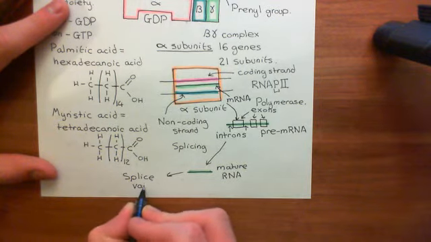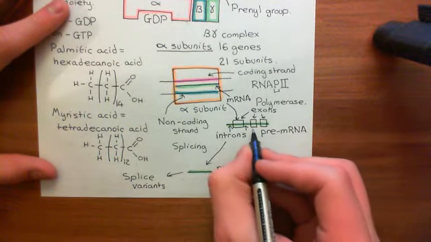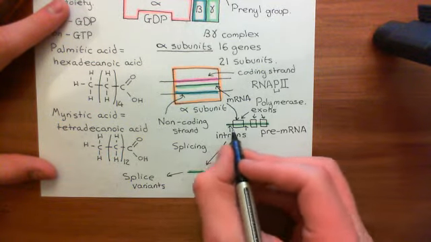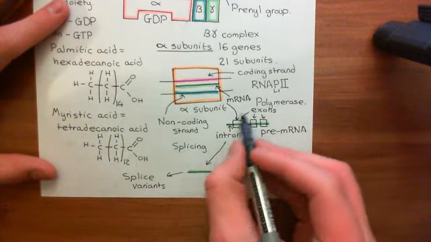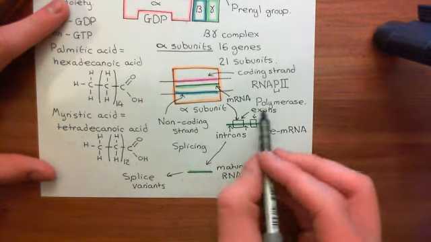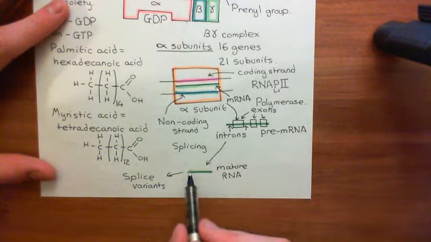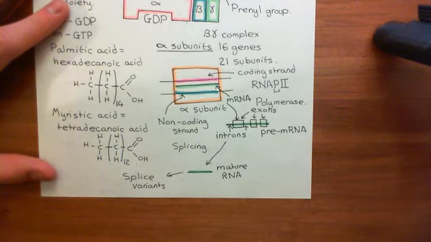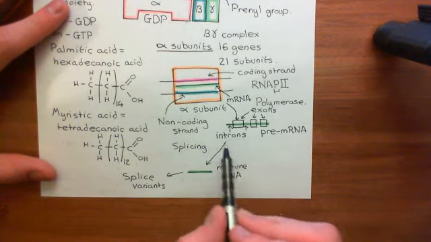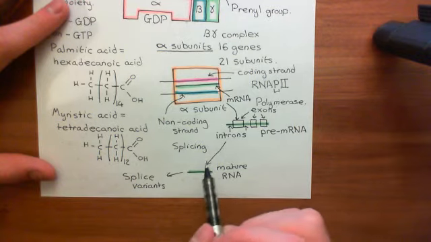So basically the principle is that it's not necessarily the case that you can only get one mature mRNA out of this piece of pre-mRNA here. You can produce multiple different mature mRNAs through different mechanisms of splicing, and I've given you a very easy to understand example there.